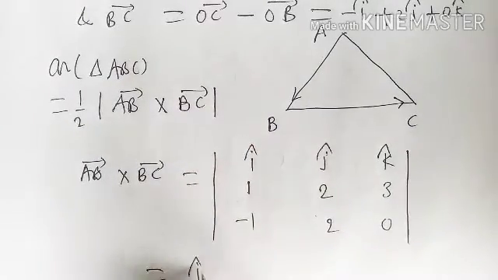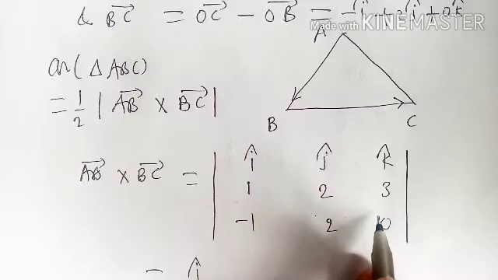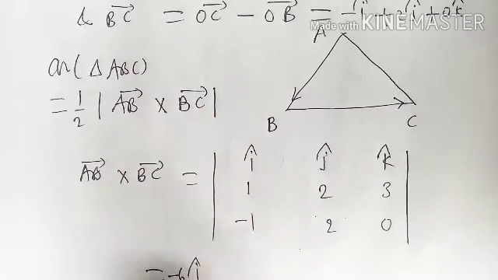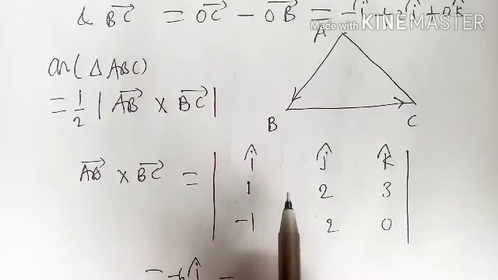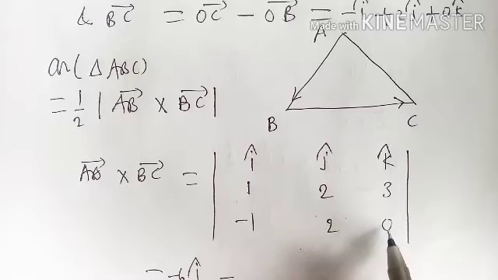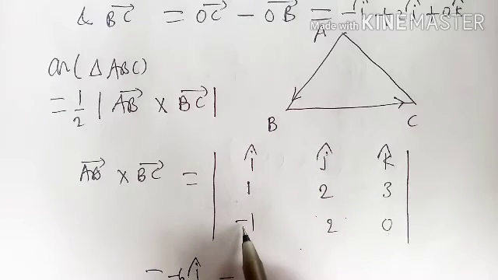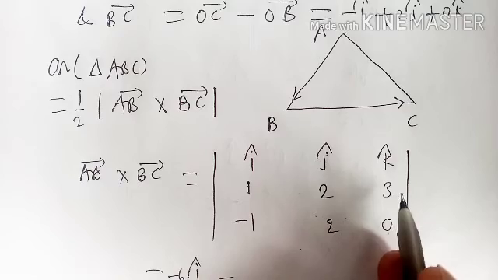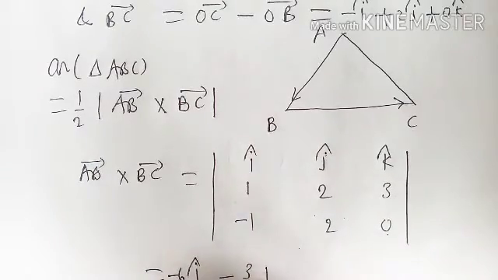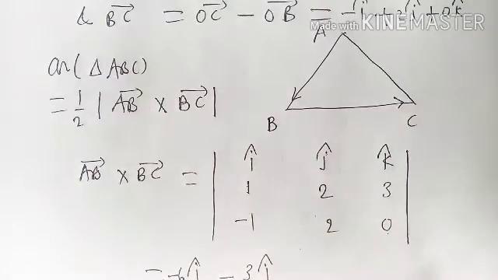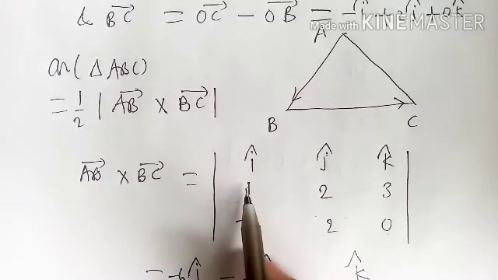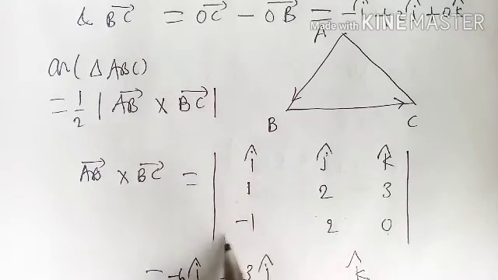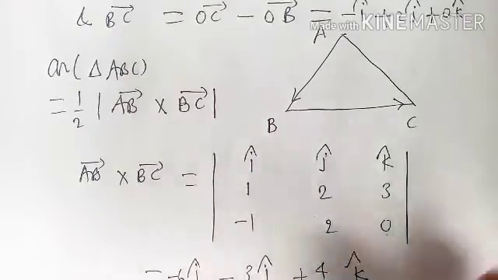Now we have i cap, 2 into 0 minus 0, 0 minus 6, so minus 6 i cap, minus j cap, so we have 1 into 0 minus 0, minus 3, so we have plus 3, so 3 j cap, and then k cap: here we have plus sign, 2 minus minus 2, so we have plus 4k cap.